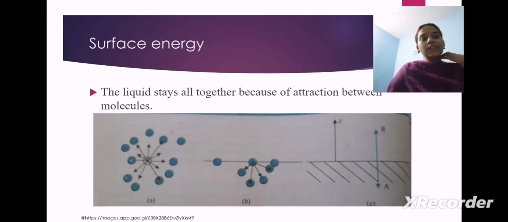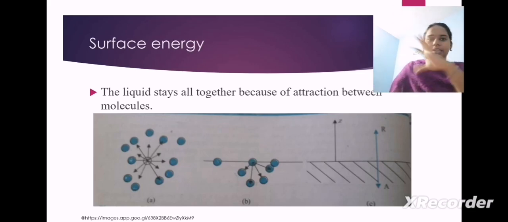So what is surface energy? Similar to surface tension, we know that when we pour a liquid, you can feel it, right? Can you pour a glass of gas and see that they are all together?